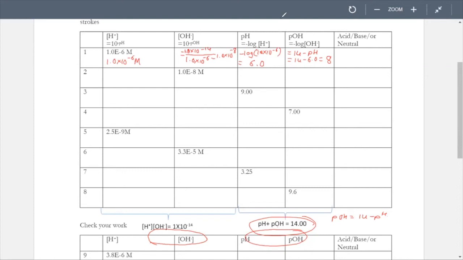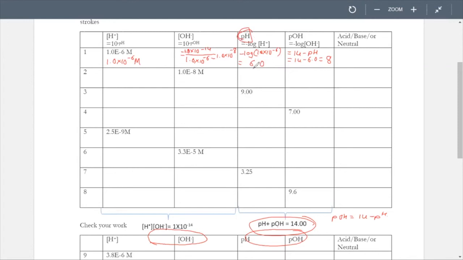So easy way, do not look at the hydrogen ion concentration value or the hydroxide ion concentration value to figure out whether it's acid or base. It's easy to look at the pH. Just look at the pH. Okay, so pH is 6.